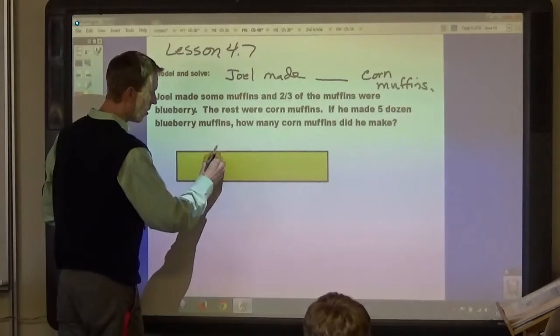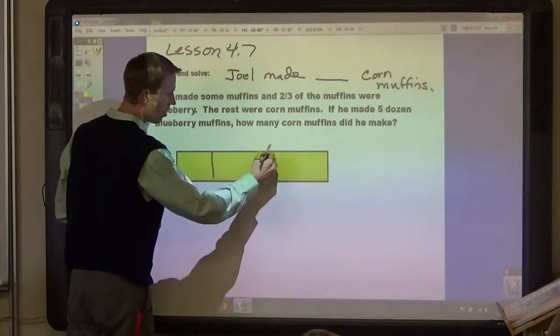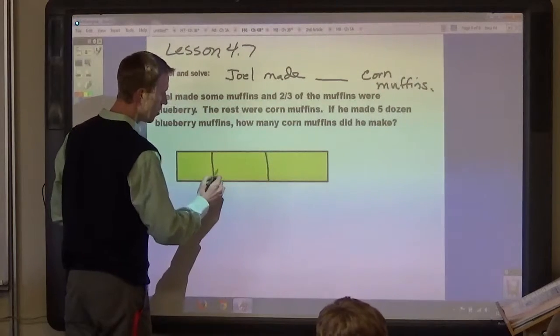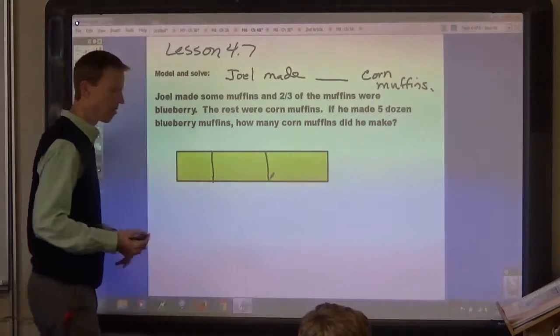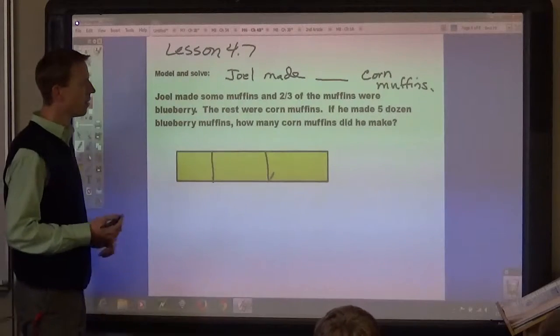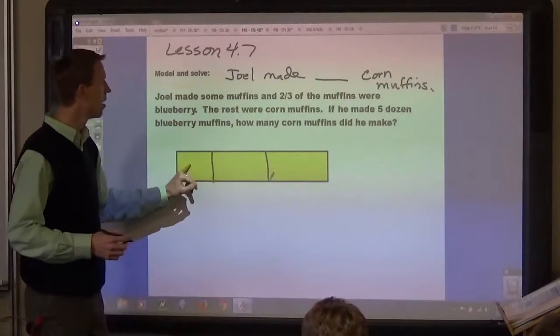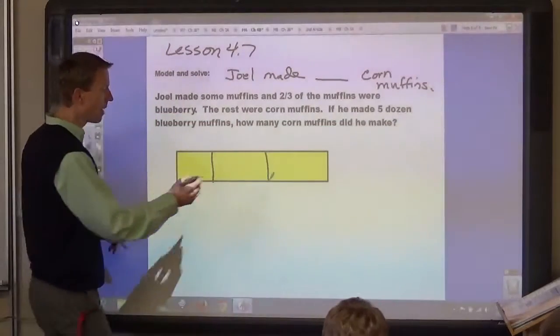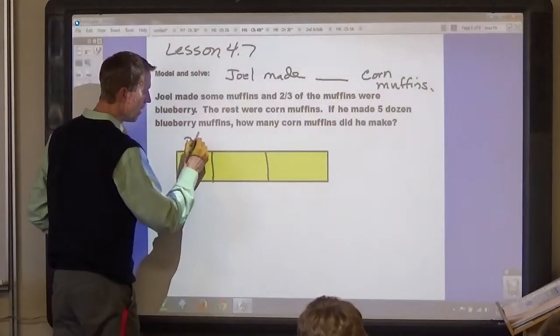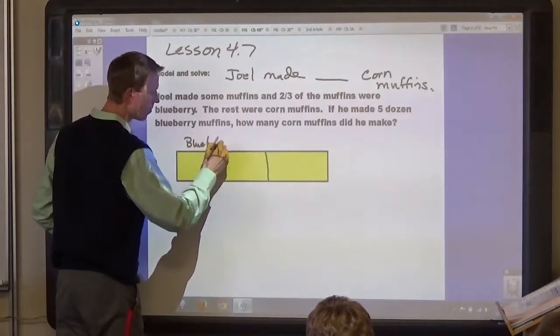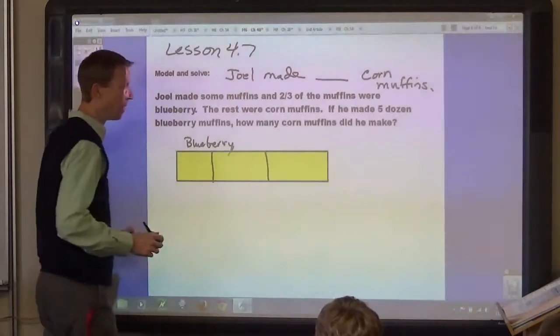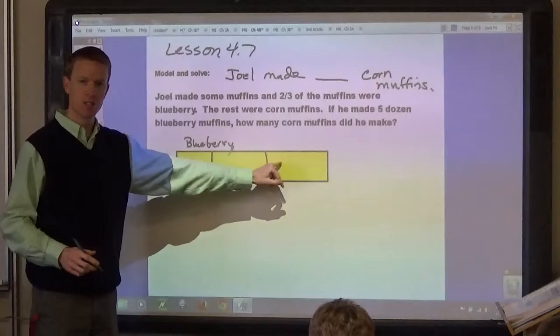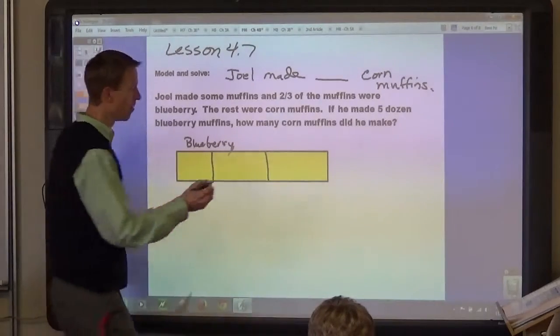So, we need to draw 2 bars to cut this into thirds. Right? 2/3 of the muffins were blueberry. So let's label 2/3 blueberry. And that means 1/3 was corn muffins.